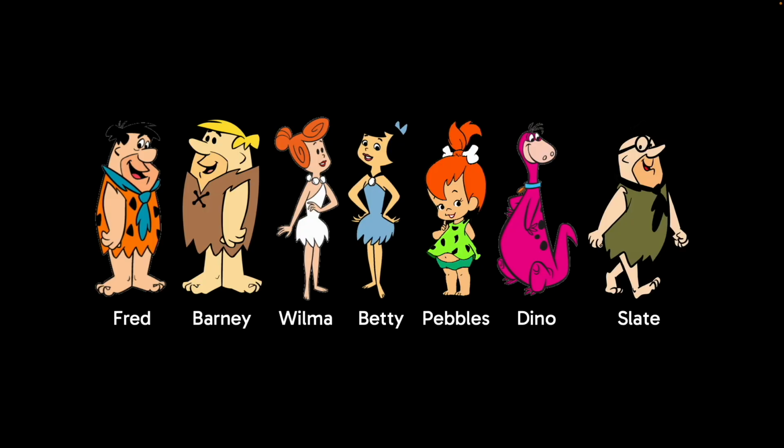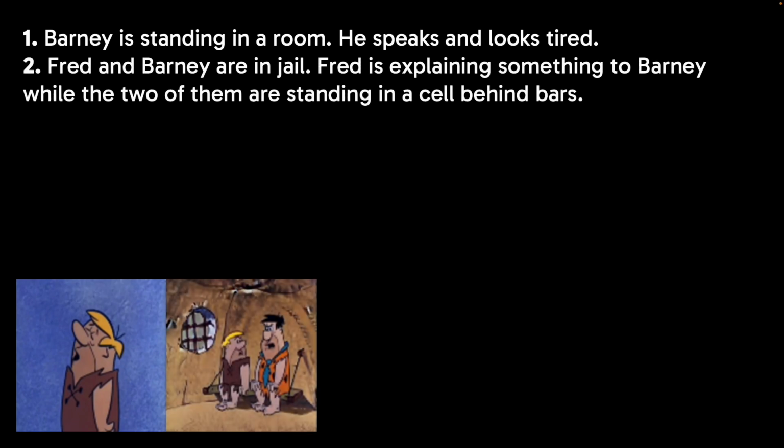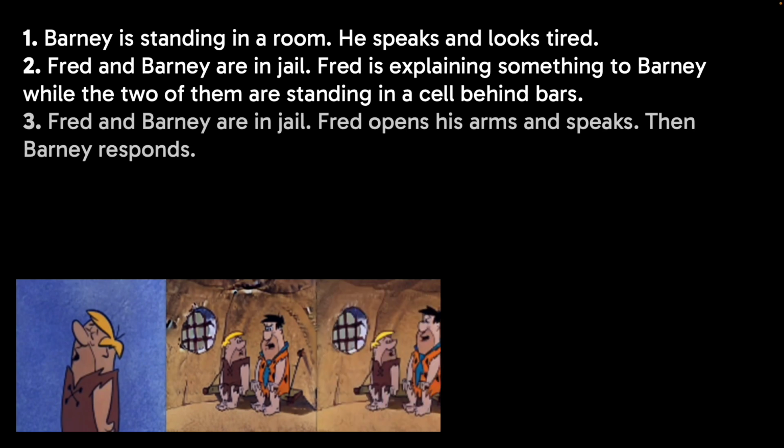Here comes the character set for Flintstone dataset. We only do experiments under story continuation setting on this dataset. We have 7 main characters in this dataset. You can find the gel is very consistent across these 2 frames.